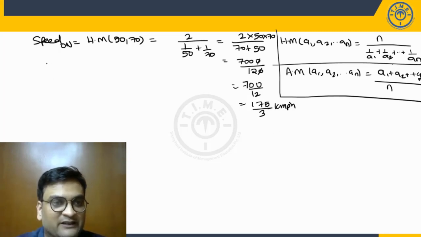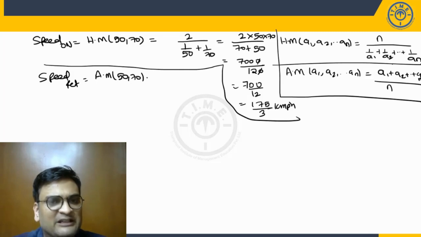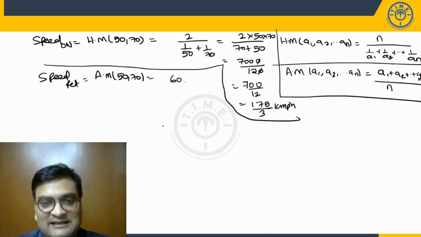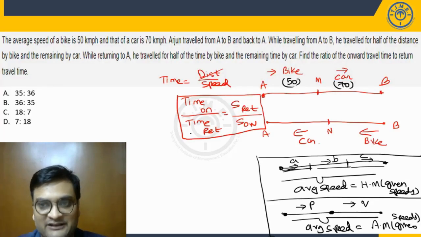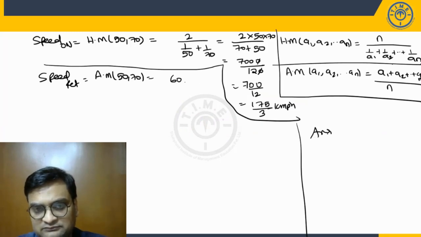Now what about the speed for the return journey? That is nothing but the arithmetic mean of the two speeds, which is the simple average, 60. Hence the ratio of time for onward to time for return will be speed for return to speed for onward journey.